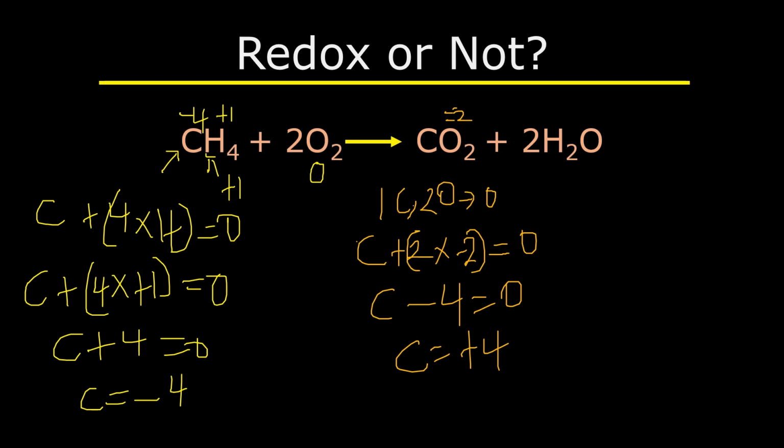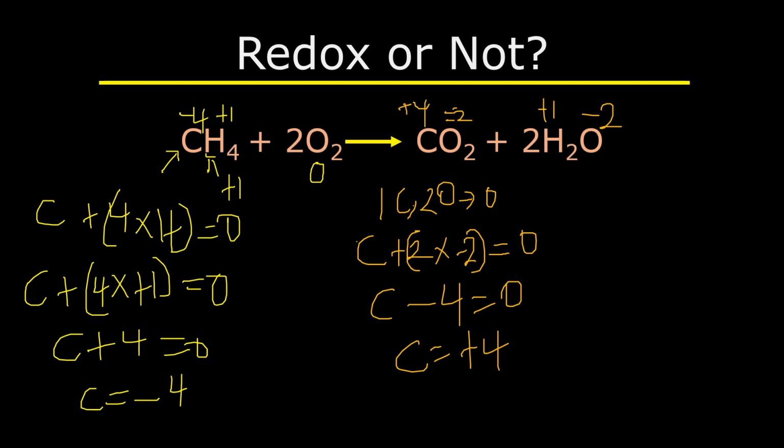And then in water, hydrogen and oxygen adhere to their regular rules. So hydrogen's charge will still be plus 1 in this compound, and then oxygen will be minus 2 in this compound. So let's look at what's kind of happening here. So we know the carbon here is going to be plus 4.